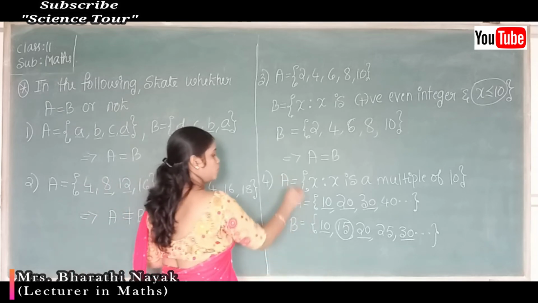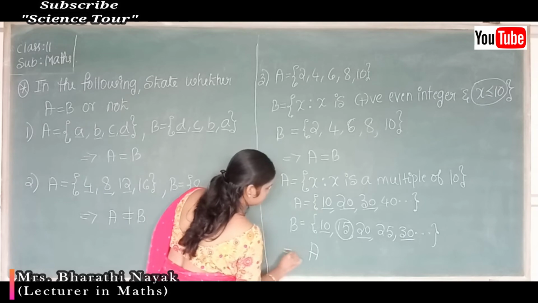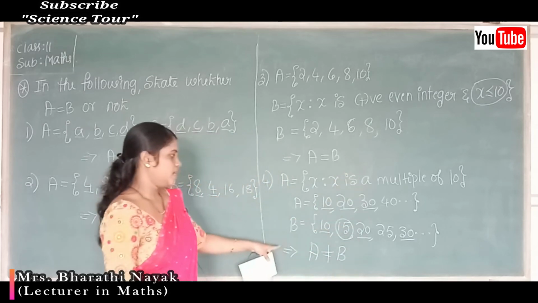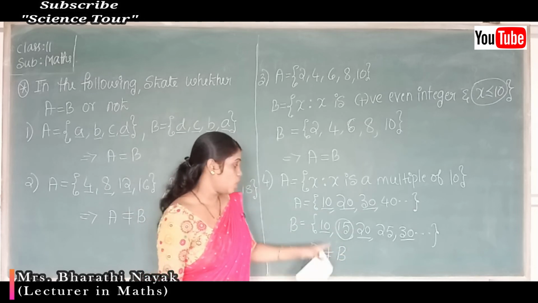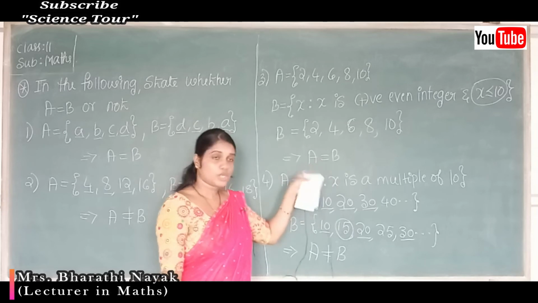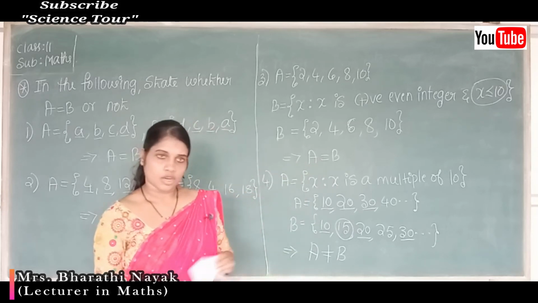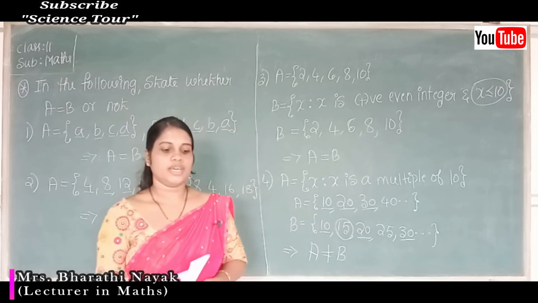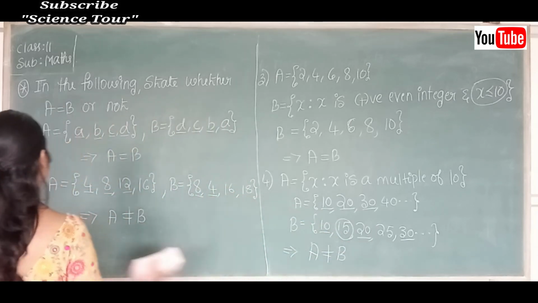So therefore, set A is not equal to set B. Okay. Why is set A not equal to set B? Because we have one element 15 in set B which is not included in set A. Right? Okay. So therefore we can say A is not equal to B. Okay. Next example I'll consider.